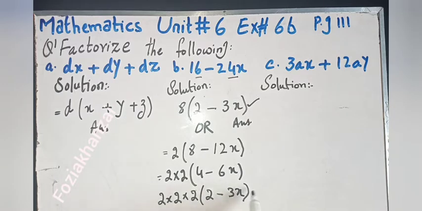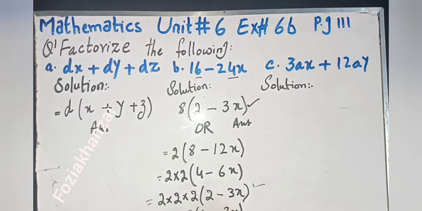Now in this step 2 and 3 are not common, so the last step, 2 multiplied by 2 multiplied by 2, 2 twos are 4, 4 twos are 8, round bracket open, 2 minus 3x would be the answer of this part.